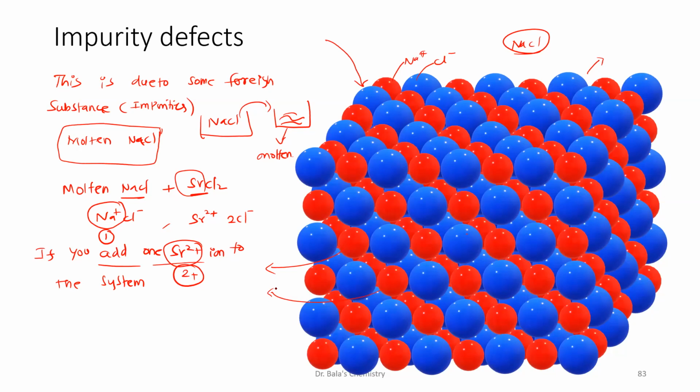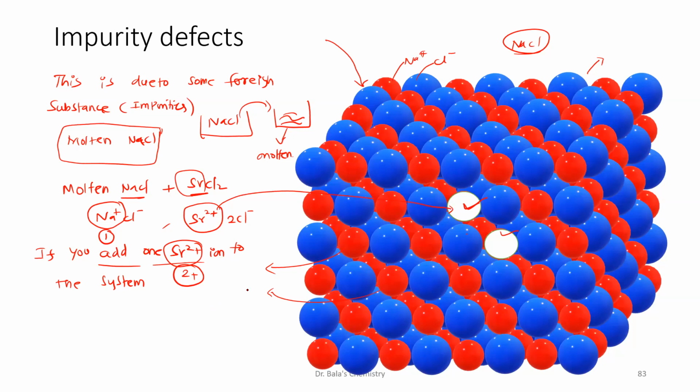If I add 1 Sr2 plus to the crystal, then 2 Na plus has to come out of the system. Say, for example, this is one Na plus and this is also one Na plus. Both have to come out of the system, and Sr2 plus will occupy any one of those positions, because only one Sr2 plus is there.